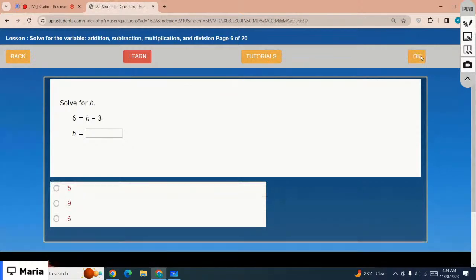Okay, 6 equals h minus 3, which is the correct option? You need to add 3 to both sides, right?